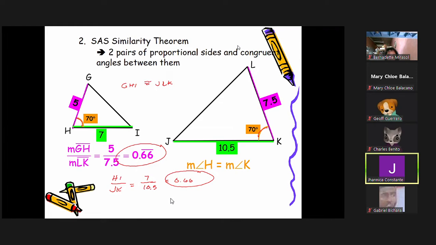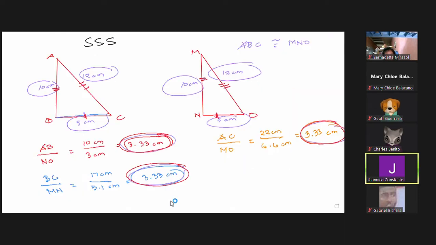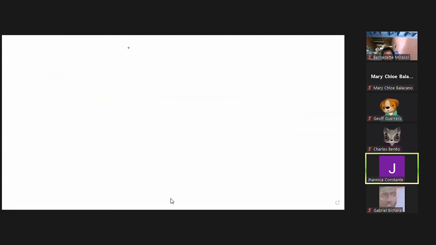For example, we have this triangle. Say this is triangle BCD.